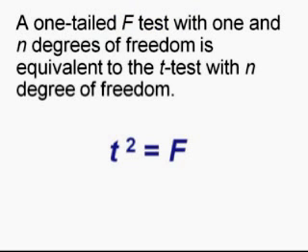The one-tailed F-test with 1 degree of freedom in the numerator and n degrees of freedom in the denominator is equivalent to the two-tailed t-test with n degrees of freedom. The relationship t squared equals F holds true for both calculated and tabular values of these two distributions.